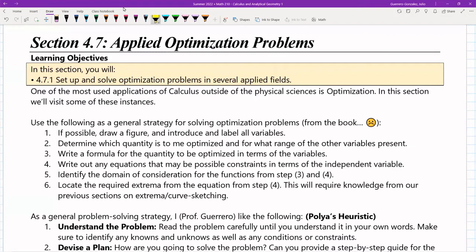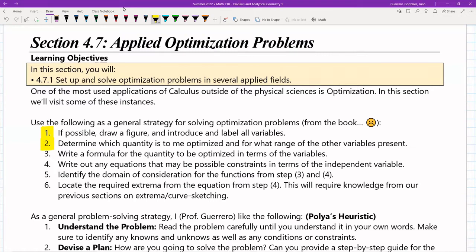Step 1 is, if possible, draw a figure and introduce all of your variables. Make the picture nice and big, introduce all your variables, call the stuff x, y, call lengths and heights, whatever you need to do. Draw a picture and label everything.